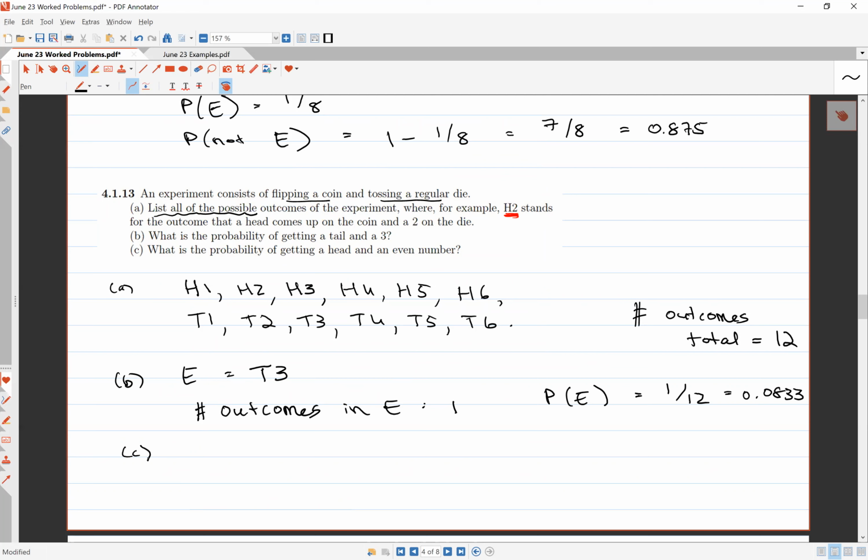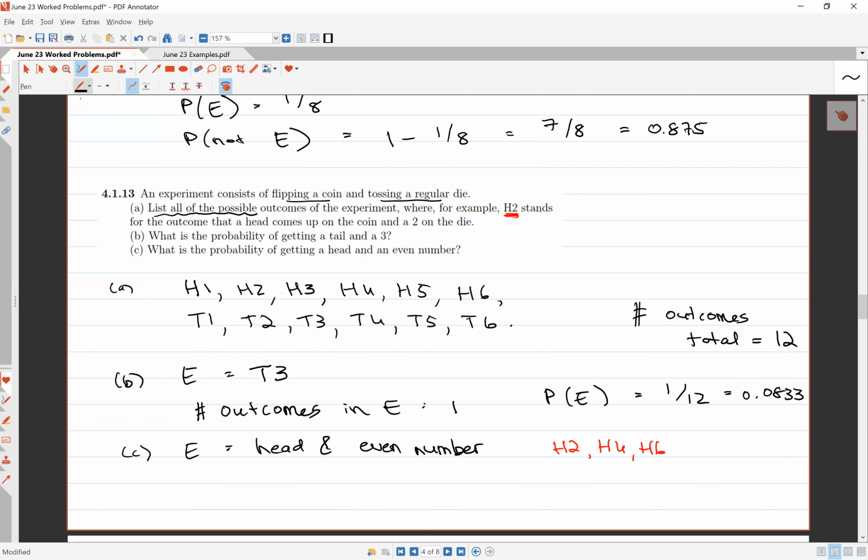What about C, the probability of getting a head and an even number? So which outcomes correspond to getting a head and an even number? It would be H2, H4, and H6.